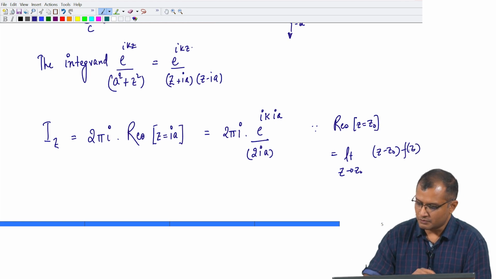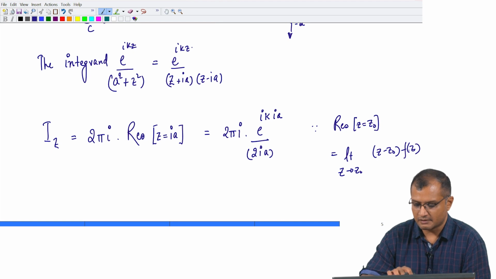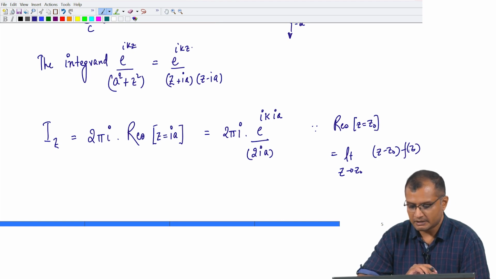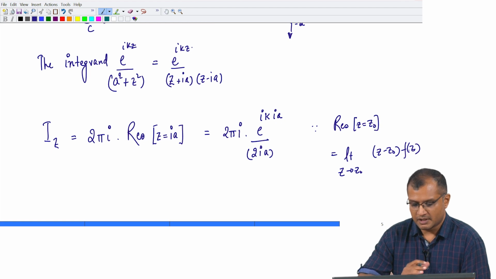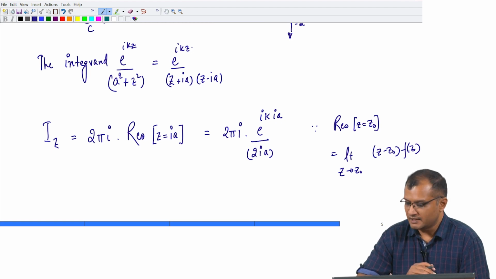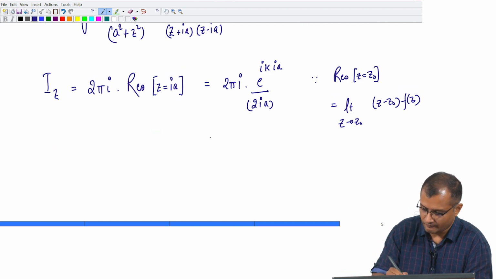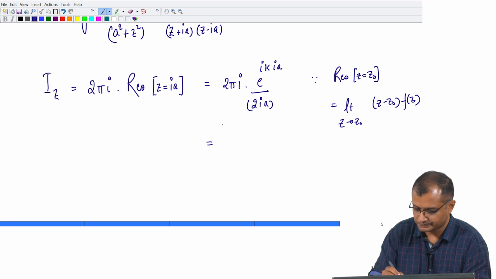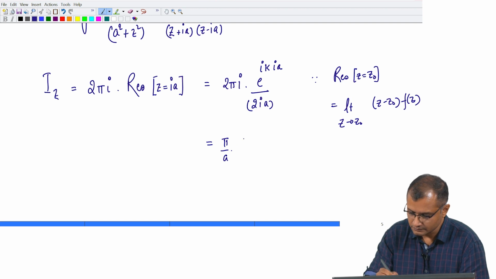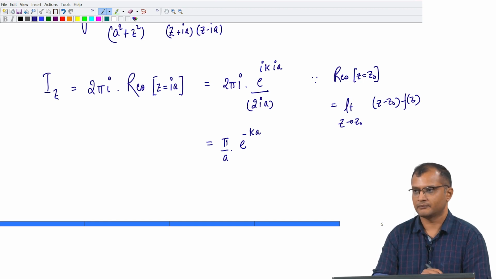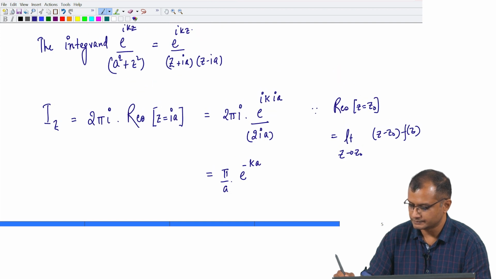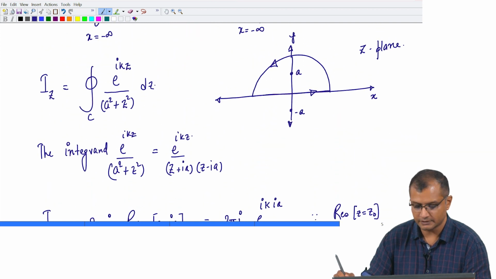So, you multiply z minus z naught, which is z minus i a, and that would be just e to the power i k z upon z plus i a. In that you substitute i a, that would give you your residue. So, this would be nothing but pi by a into e to the power minus k a. Okay. Fine.